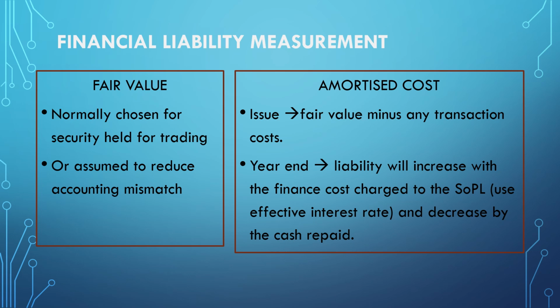Most financial liabilities use amortized cost as their measurement. When we issue the financial liability, for example the debenture, the value that we record is the fair value minus any transaction costs. But at year end, since the liability will increase in due time, the value will be added with the finance cost, whereby we usually use the effective interest rate.